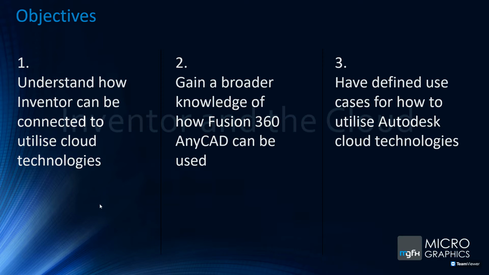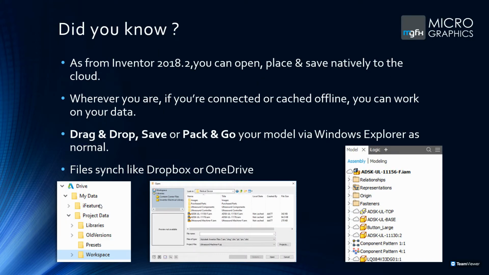Okay, so let's take a look at Inventor and the cloud. From around Inventor 2018.2, Autodesk started introducing workflows that let you work from your desktop and utilize cloud technology when saving and distributing information that you are creating. The nice thing about the cloud is that wherever you are, as long as you've got that internet connection, you can work in the cloud.